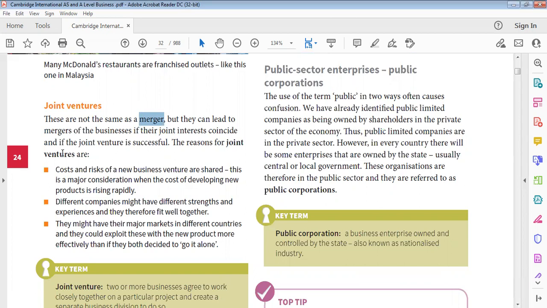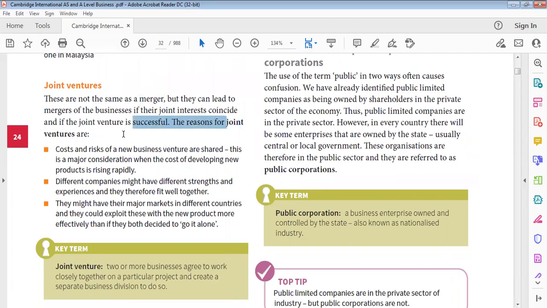So what could be some reasons for a joint venture? Cost and risk could be shared. For example, sometimes you need to develop new products, and you need to do some research and development, and that is expensive.